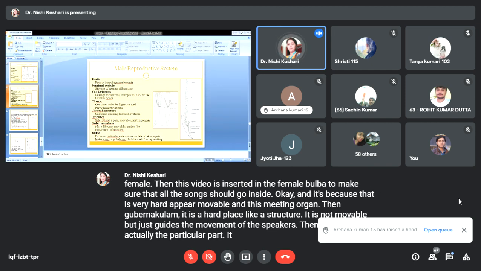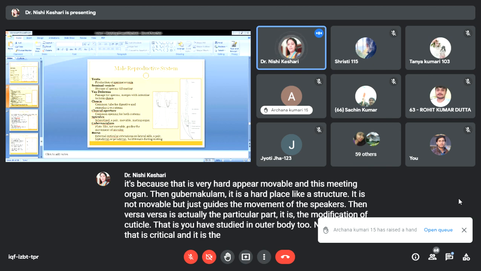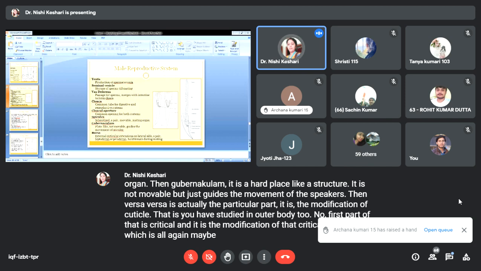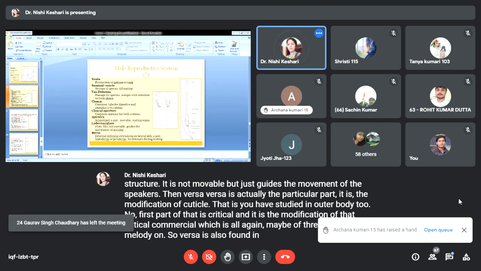It is the modification of cuticle, that you have studied in the outer body tube, the first part of the outer body tube, that is the cuticle, and the bursa is a modification of that cuticle, which may be of three types, that is peloderon, leptoderon, and arecaderon. So the bursa is also found in pair, and they hold the female during mating. So this is all about your male reproductive system.